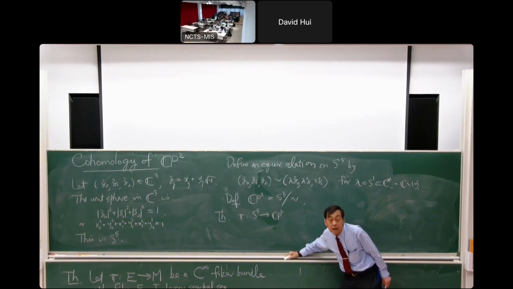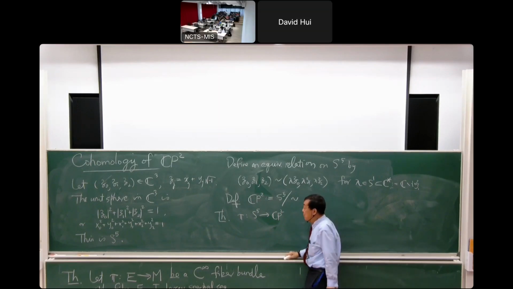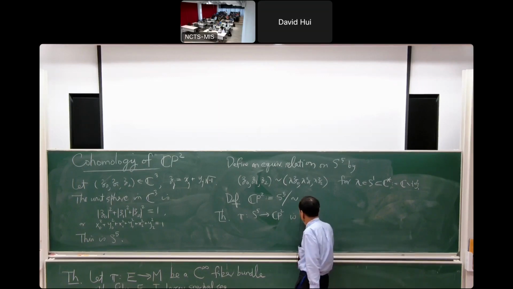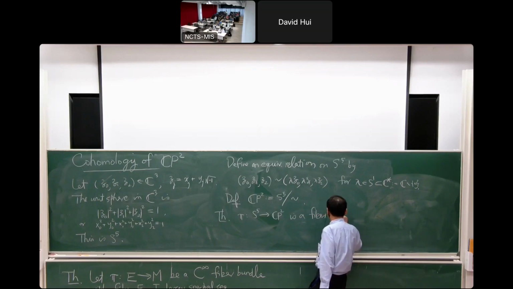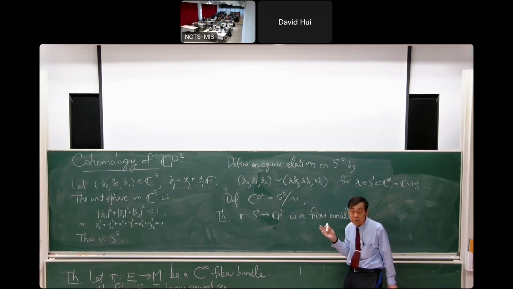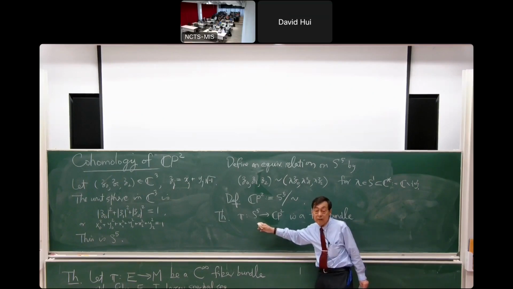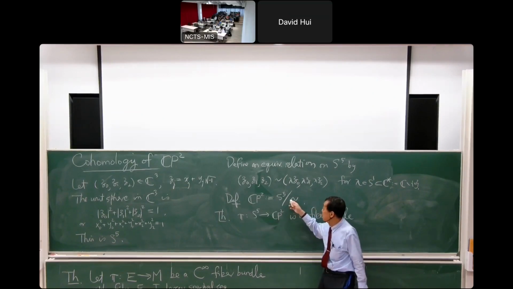It's not difficult to show that this projection map is a fiber bundle. In other words, it's locally trivial. Locally it's a product of an open set here with a fiber. Now, a fiber is just the vectors that are equivalent.